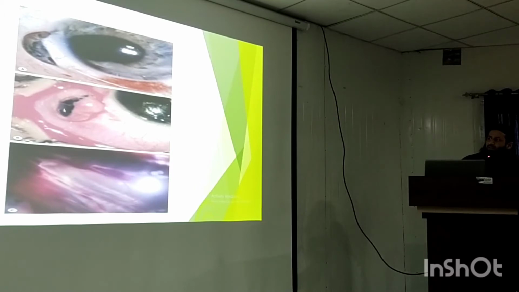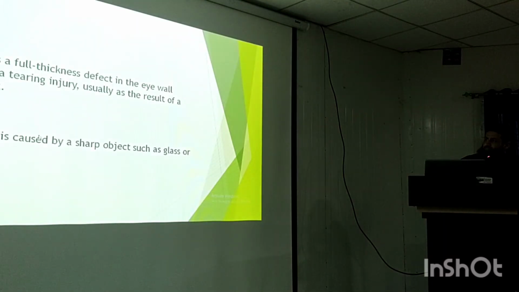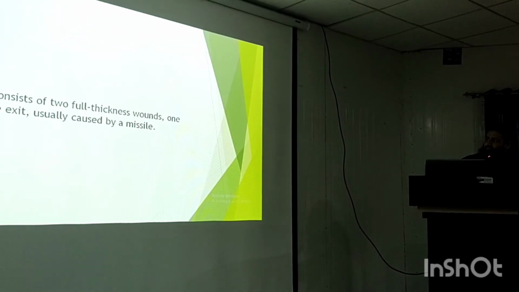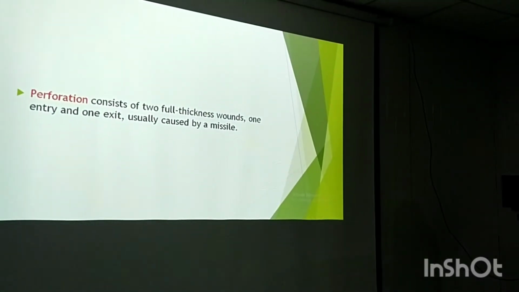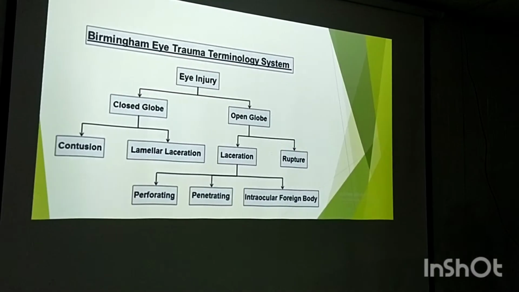Ciliary body or uveal tissue is coming out again, and we can guess that vitreous is also here. So the injury is involving the anterior segment as well as the posterior segment. Penetration and perforation, again the same.